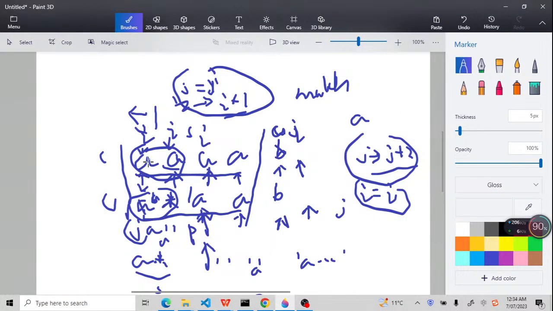So from here, if the i were to move to the next place, we have to match first. If this A and this A match, it can move to the next place. Otherwise, if it is a B, not a match, it cannot move. Yeah, I think it should be like this. Otherwise, there's another condition.